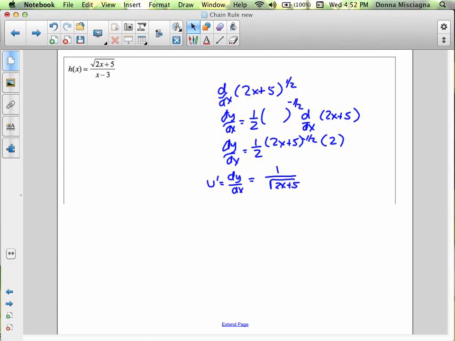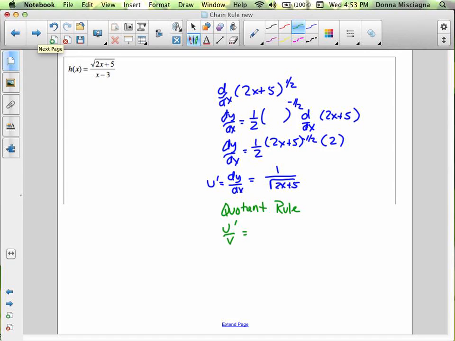Just as a reminder, this is the quotient rule. Our derivative of a quotient is going to be the denominator times the derivative of the numerator, minus the numerator times the derivative of the denominator, divided by the denominator squared. So we have h prime of x equals, right? The denominator is x minus 3, times the derivative of the numerator, that's times 1 over the square root of 2x plus 5.